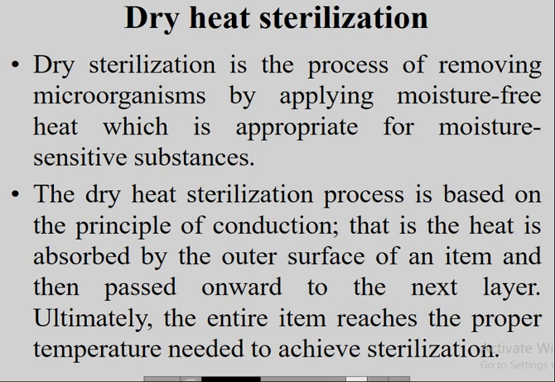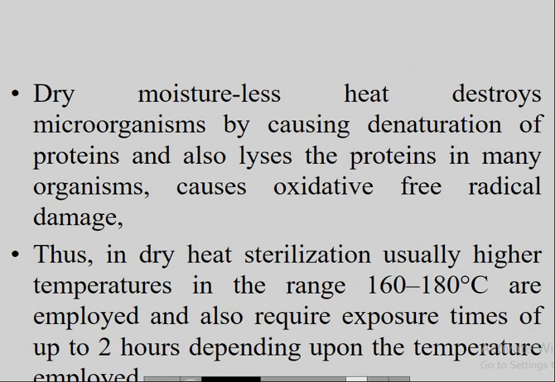Dry heat sterilization is based on the principle of conduction of heat, which is absorbed by the outer surface of an item and then passed to the next layer. So the entire item reaches the proper temperature needed to achieve sterilization. This is the principle behind dry heat sterilization.